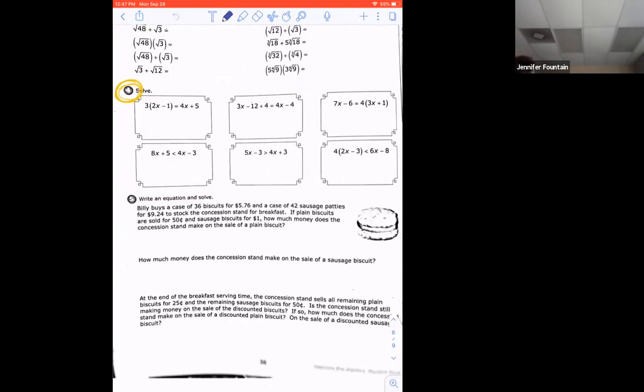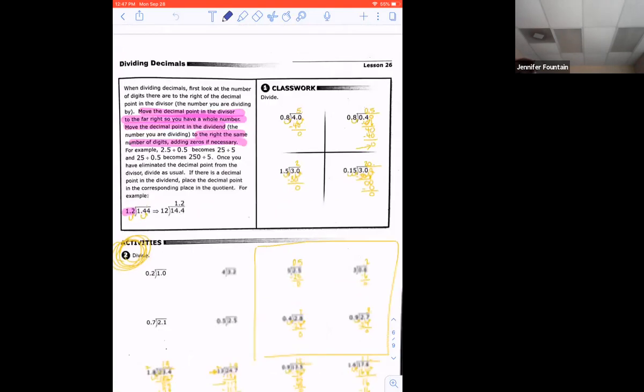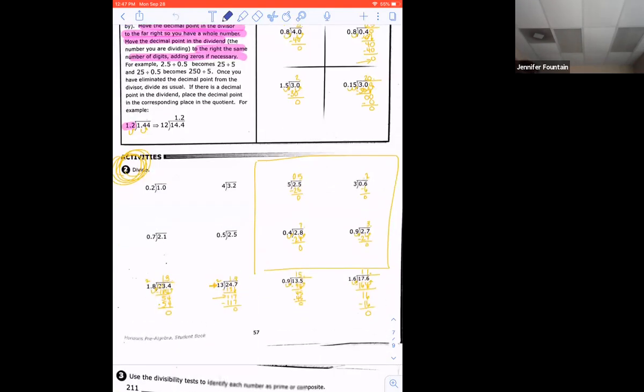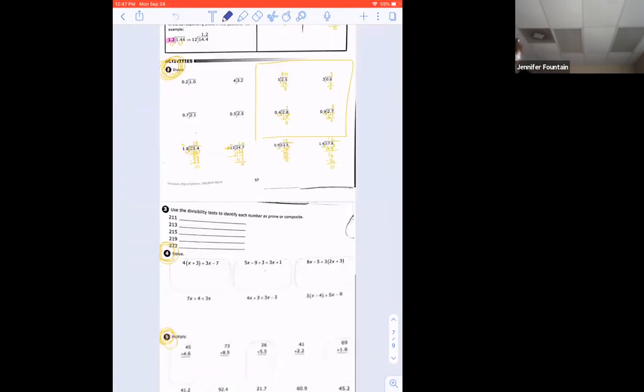Is that right? And then on lesson 26, we started with our division, and let's see, y'all just had to finish up activities 2, right? The first, I guess, kind of 4 problems in that corner. And then we had activities 4 and 5 on page 58.